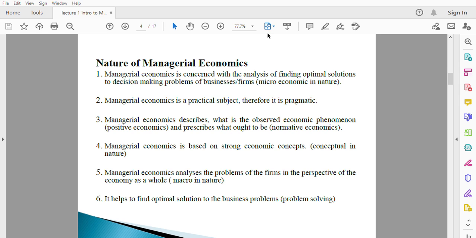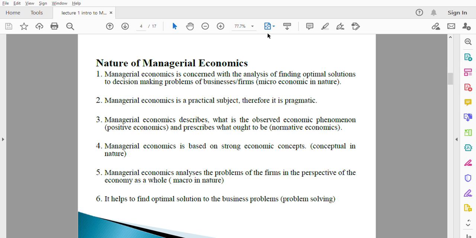Fifthly, managerial economics analyzes the problems of the firms in the perspective of the economy as a whole. An example is firms in Ghana. If we analyze their problems in the perspective of Ghana as a whole, it's managerial economics.